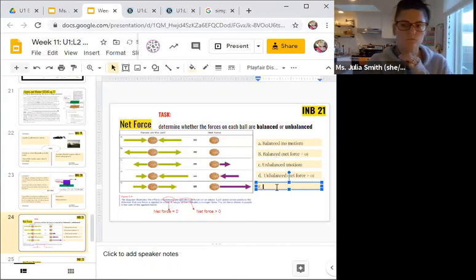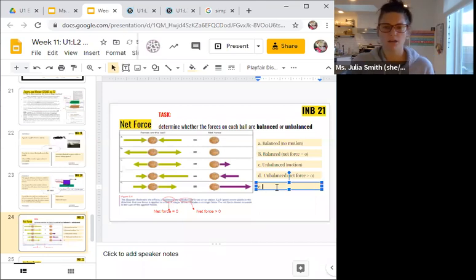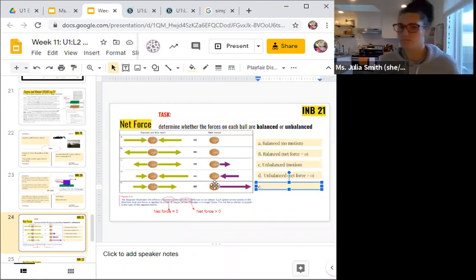This example is kind of a trick example: the forces are both pushing in the same direction. We have not seen this yet. We've got forces pushing on the ball in the same direction, and this is resulting in a large net force. And so the ball is going to move to the right.